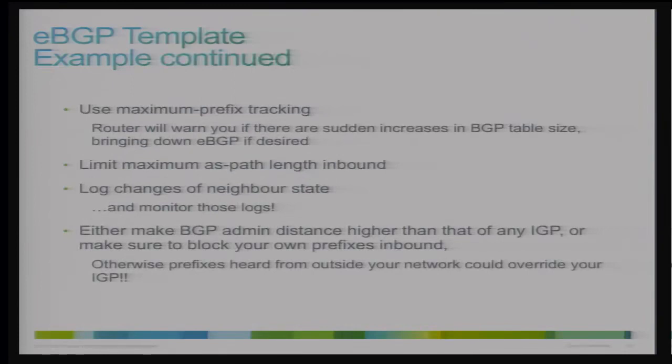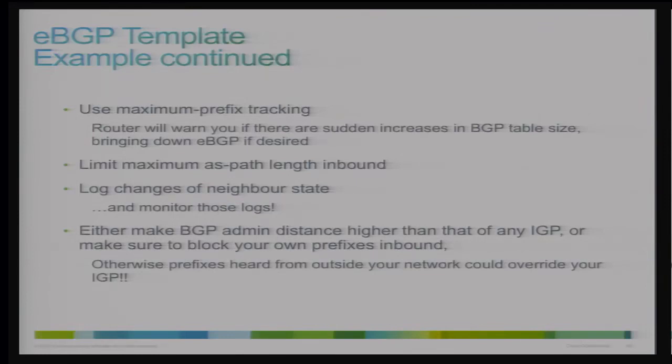We're almost there. Use maximum prefix tracking, because in some cases, somebody may inadvertently send you a huge amount of prefixes, including their own prefixes, and it may overwhelm your routers.